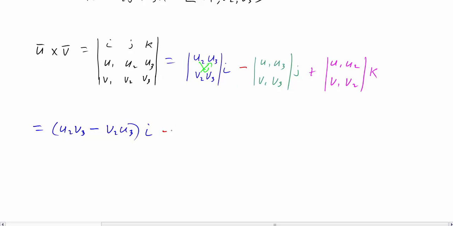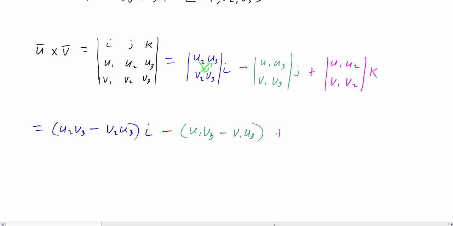And then our next one, again, we have the minus sign. So again we're going to cross multiply here. That's going to be u1 v3 minus, cross up now, v1 times u3.